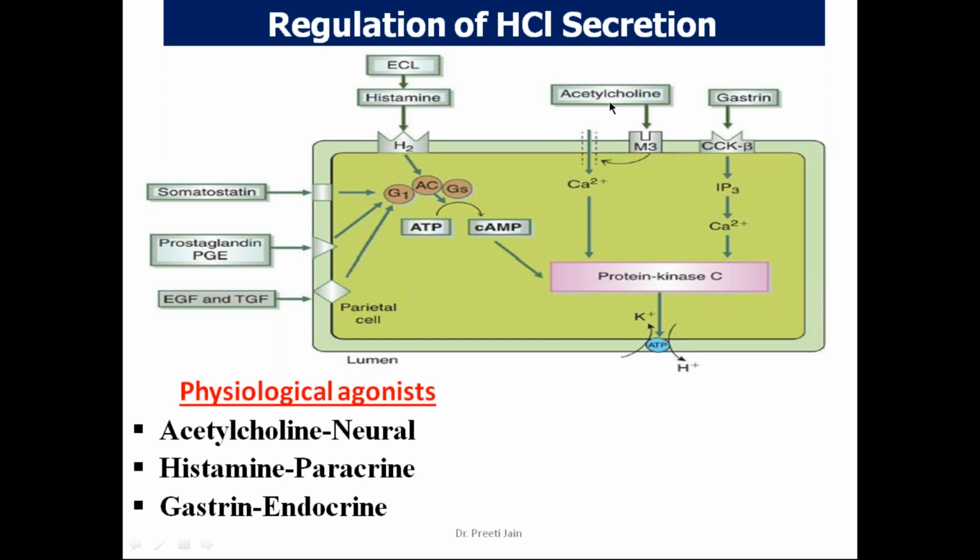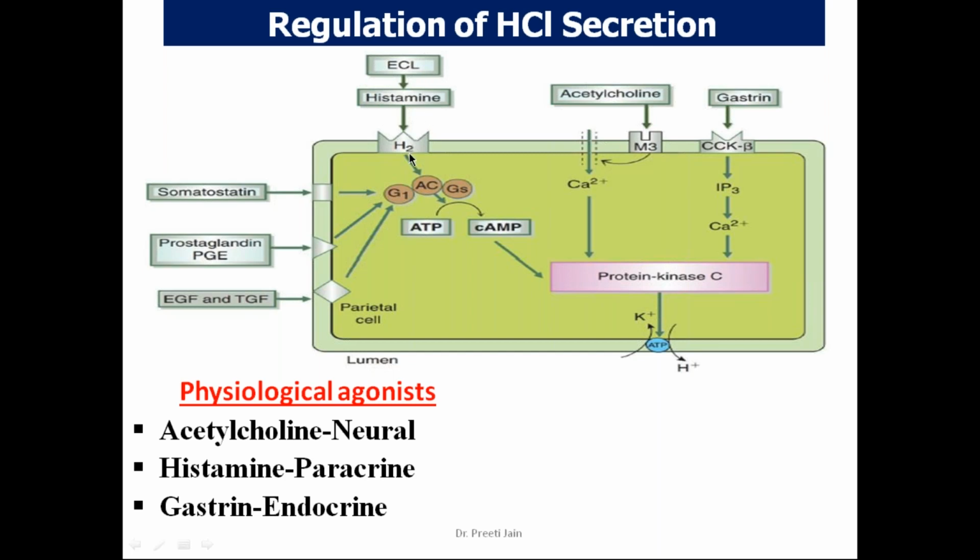Either there is the release of acetylcholine, which occurs by stimulation of the parasympathetic nervous system, or it can occur because of the release of gastrin from the G cells, which are present in the antral glands or the pyloric glands, and they cause insertion and increase in HCl secretion. Another mechanism is by histamine, which is released by the enterochromaffin-like cells.